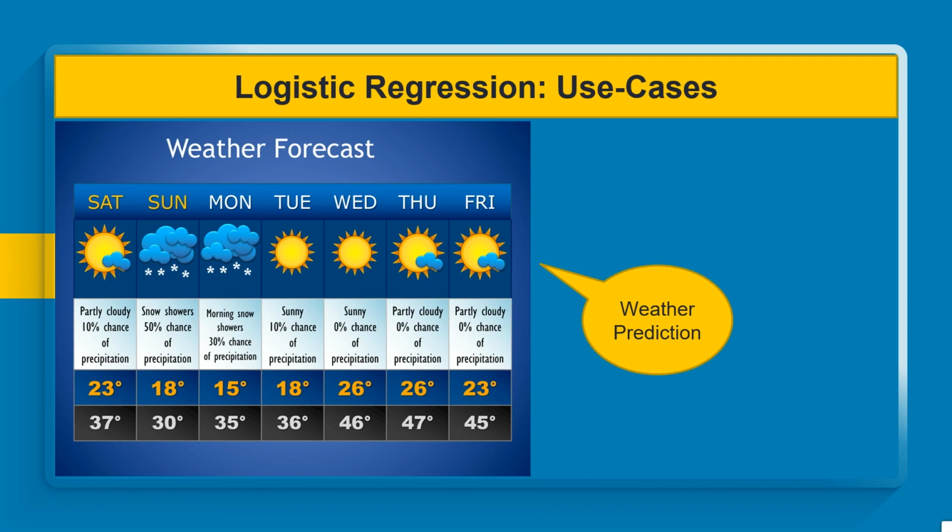In that case, linear regression helps you predict what the temperature will be tomorrow, whereas logistic regression will only tell you whether it is going to rain or not, whether it's cloudy or not, whether it is going to snow or not. So these values are discrete. Whereas if you apply linear regression, you are predicting things like the temperature tomorrow or the day after tomorrow. So these are the slight differences between linear regression and logistic regression.